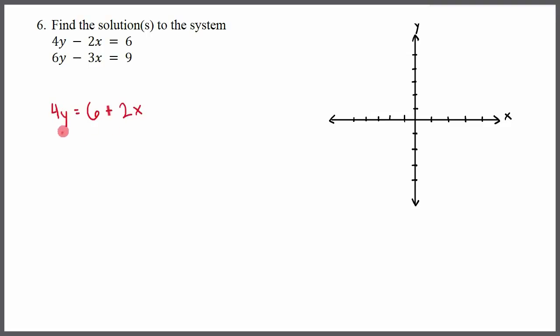And now dividing by 4, we get y equals 1/2 x plus 3/2. So using this equation, we start with the point (0, 3/2), which is right here, and it has a slope of 1/2. So we go up 1 from this point and over 2.